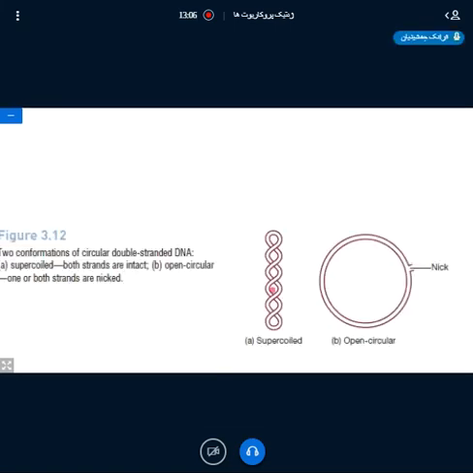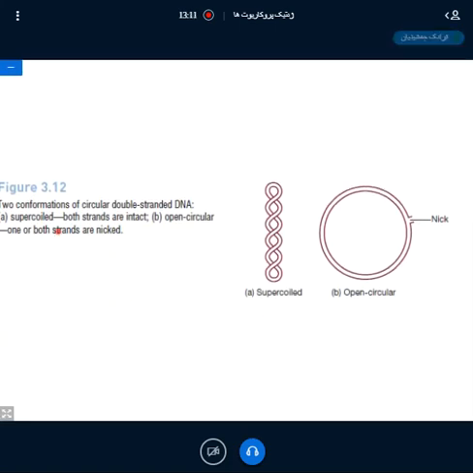Okay, look at this here. I told you that the chromosome of bacteria are circular, but when we do the process of extraction, the DNA of the bacteria can break somewhere.